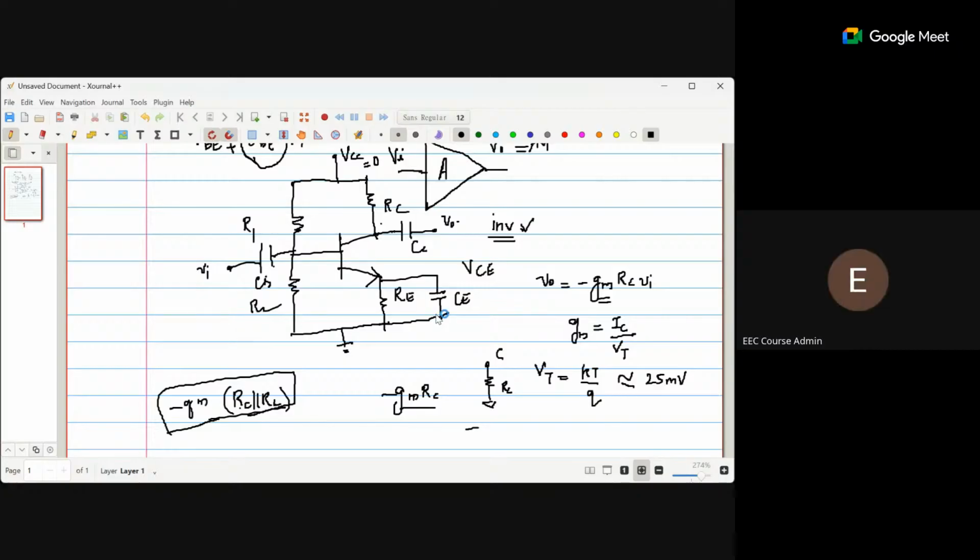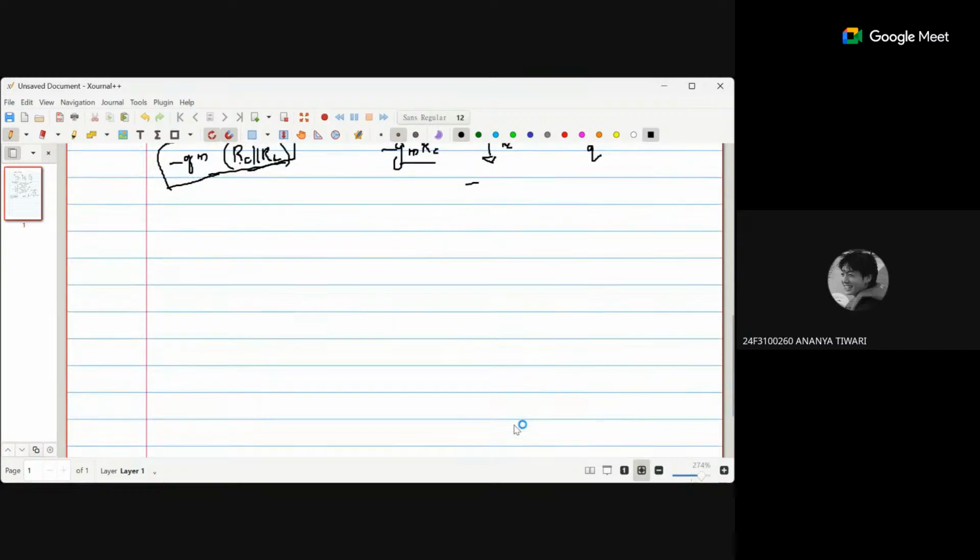How will it be short circuited? Because impedance gets too low. Impedance is too low. Can you just come to that point again? What happens, is the impedance too low or too high? Impedance is too low. Then it acts like a short circuit. Then the AC voltage passes through it.